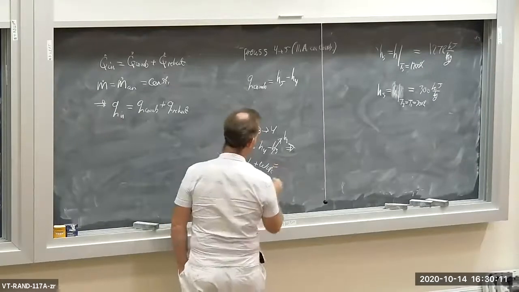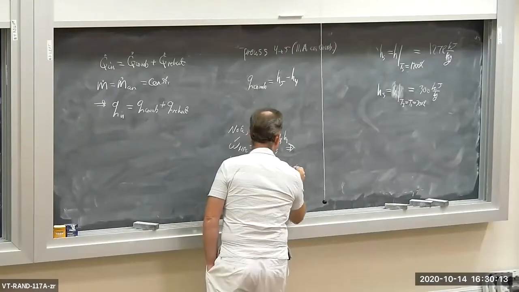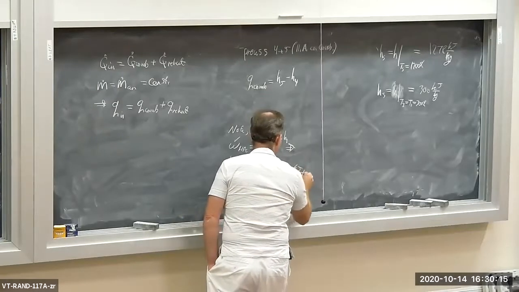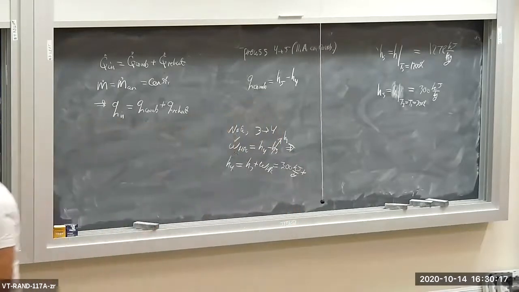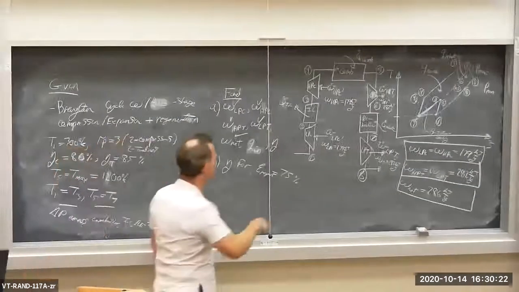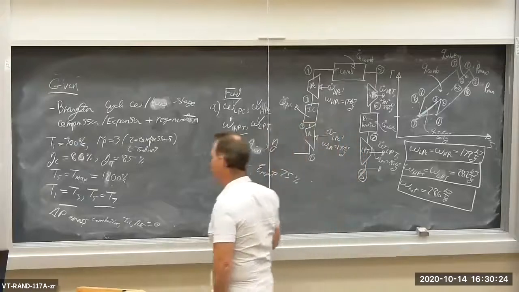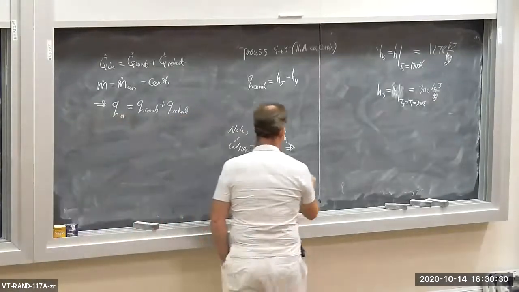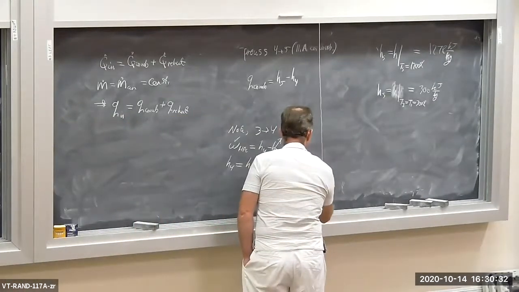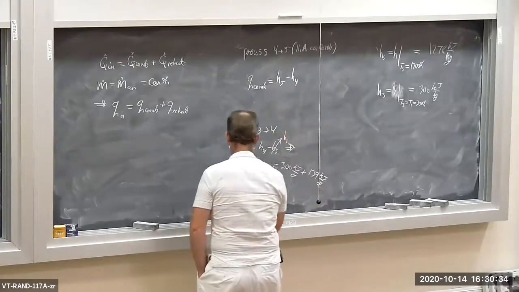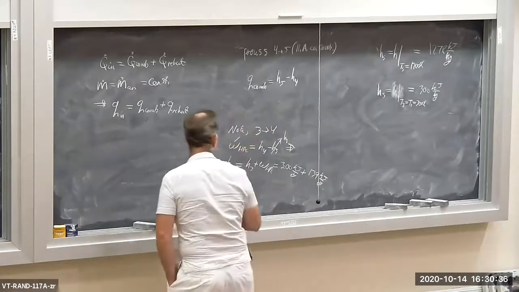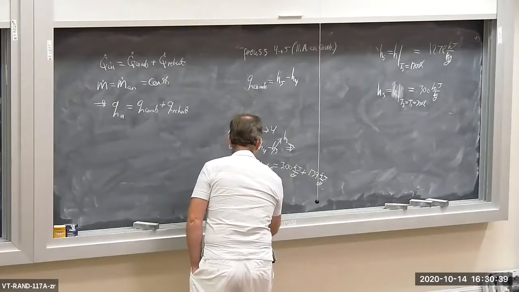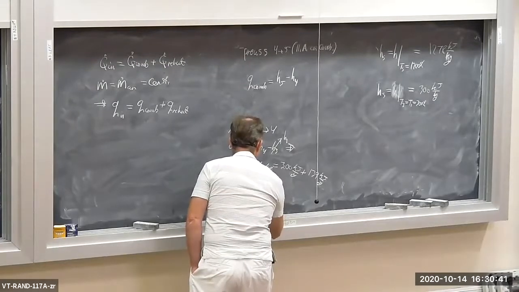H3 is 300 kilojoules per kilogram, and the specific work for my high pressure compressor is 139 kilojoules per kilogram. 300 plus 139 kilojoules per kilogram. So H4 is equal to 439 kilojoules per kilogram.